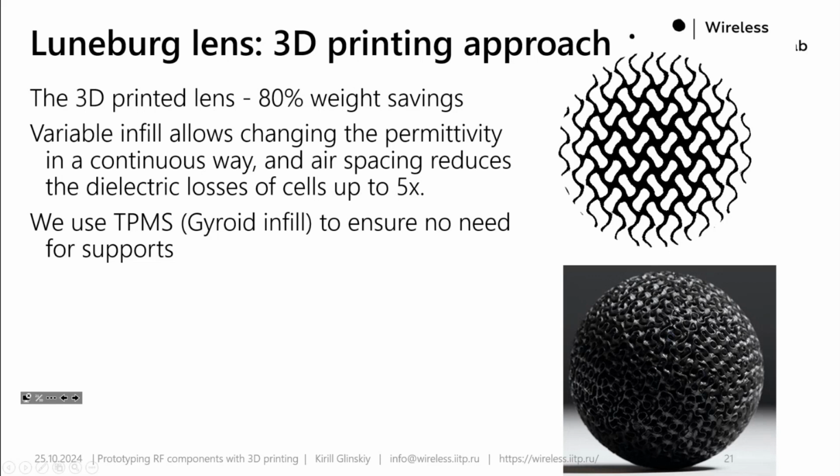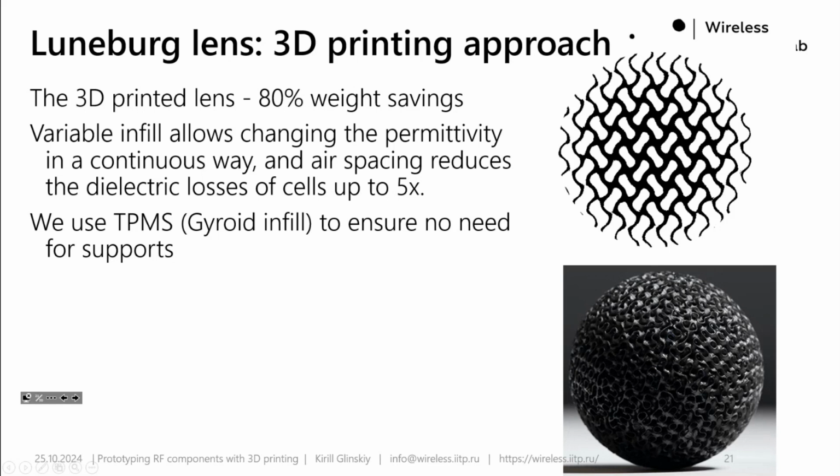Additionally, that means that our lens has significantly less dielectric loss. A lot of RF materials have losses in that the power is dissipated inside them. Air is a very good dielectric in this regard; it dissipates almost no power. The greater the amount of air in the lens, the less power it dissipates, and therefore the lower its loss.